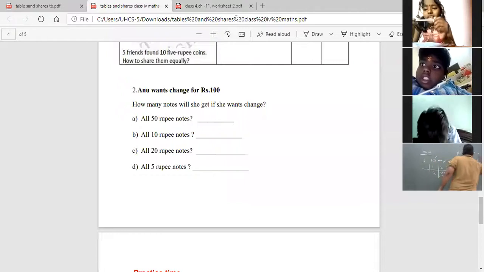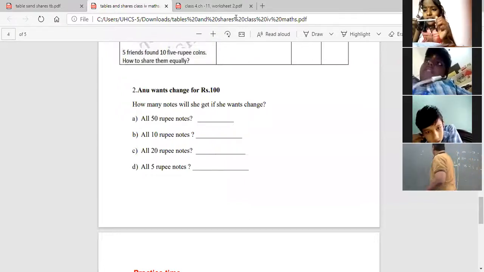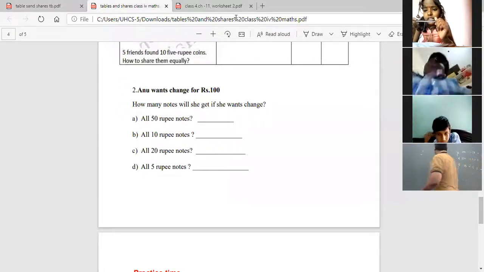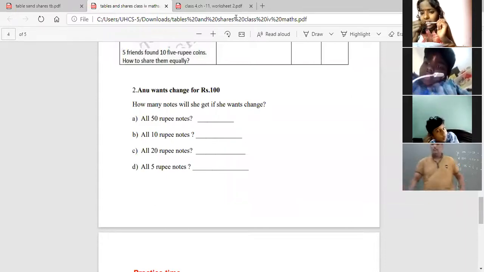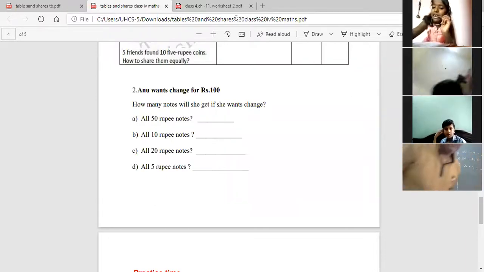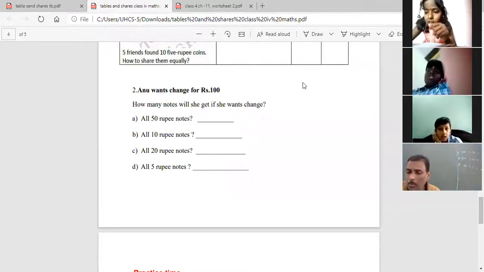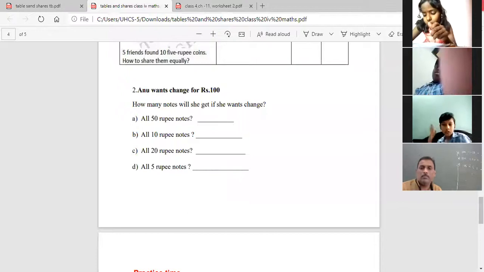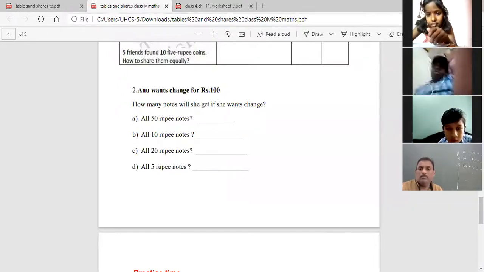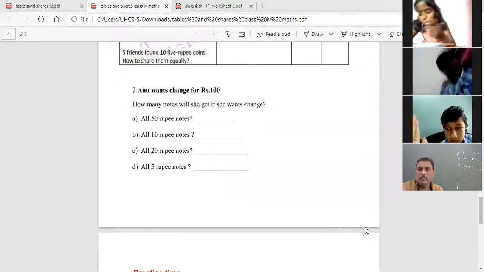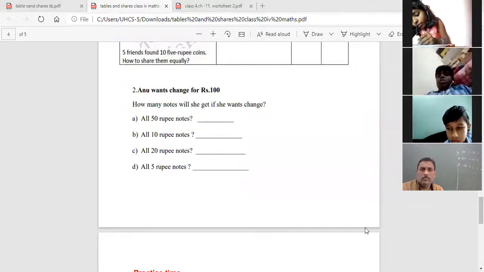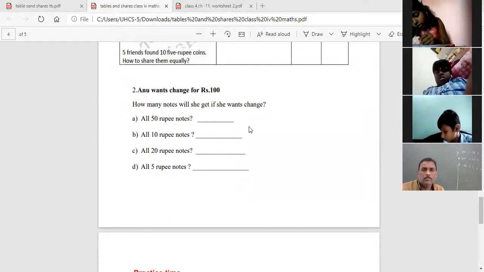Sir, first one, 10 tens are 100, sir. Answer carefully. Okay, sir.